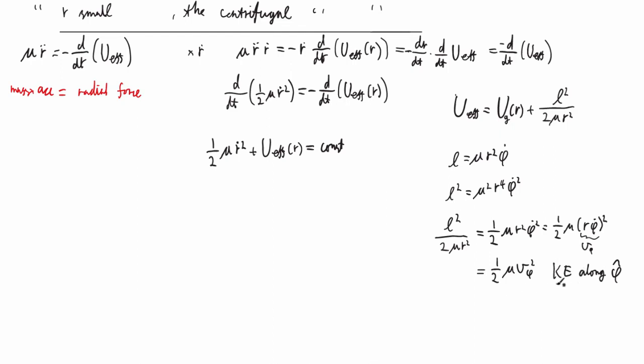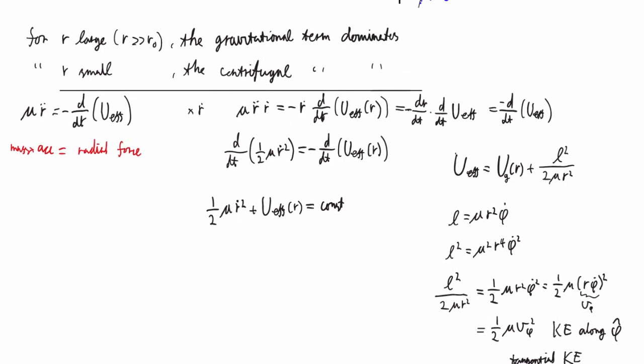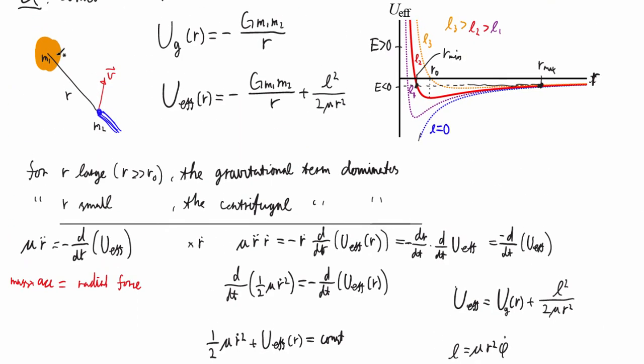In other words, it's the tangential kinetic energy. So if you look here at the comet, the kinetic energy we just wrote down is the kinetic energy associated with motion in the phi hat direction. So not back and forth along r, but in the phi direction like that.